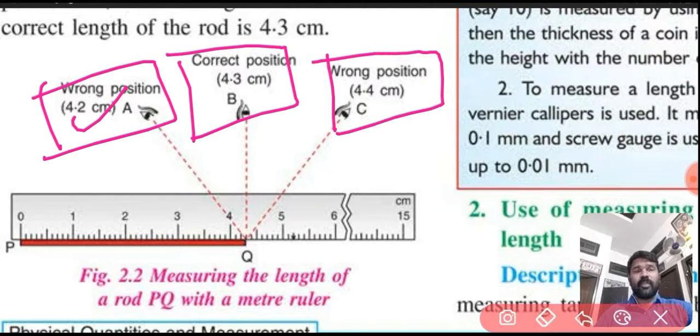If we keep our eye position at C, we will get the measurement 4.4 centimeter. Then which one is the correct position? I told you, the middle one, position B. We have to see in line, straight, to take a reading of an object using the measuring ruler. Then only we will get the correct reading.